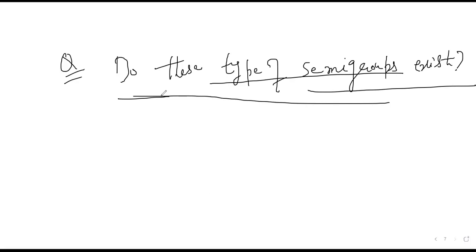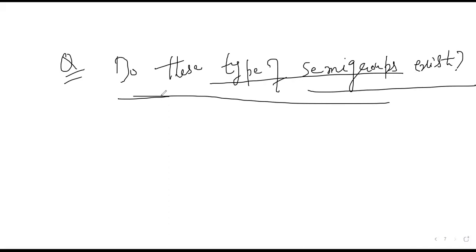because our next result says that every finite zero simple semigroup is completely zero simple. And in fact the Rees theorem says that there are infinite semigroups which are also completely zero simple.